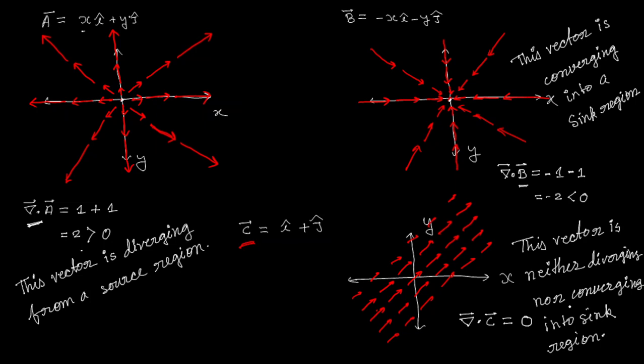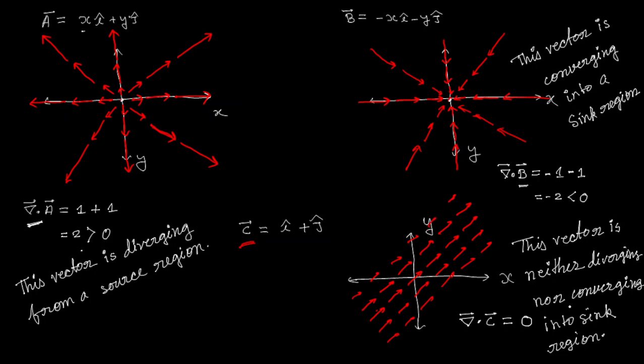So what we have learned here is how to define the divergence of a vector in the rectangular coordinate system. Also we have noticed that when we take the divergence of a vector field, if we get a positive value, then this vector field will look diverged from a source.